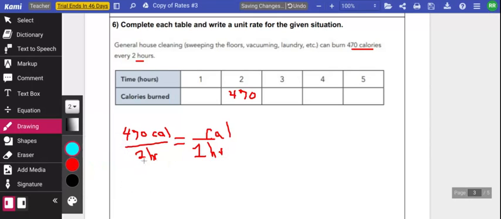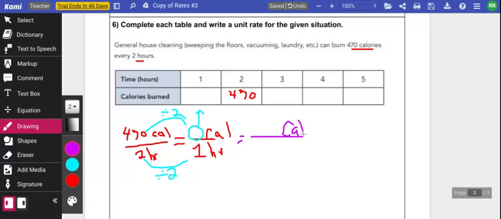Okay, then I ask myself, how do I get from 2 to 1? Well, I divide it by 2, right? And so I take 470 and divide by 2, and that would give me how many calories in 1 hour. And that's what I would fill in there. Now, if I want to figure out how many is in 3 hours, I could take whatever this number is, and I could set this equal to another rate of calories in 3 hours.